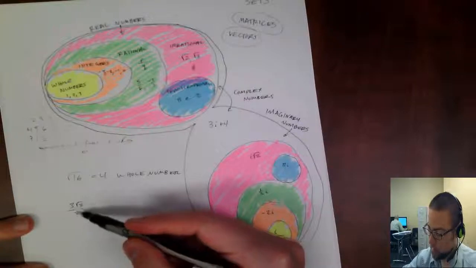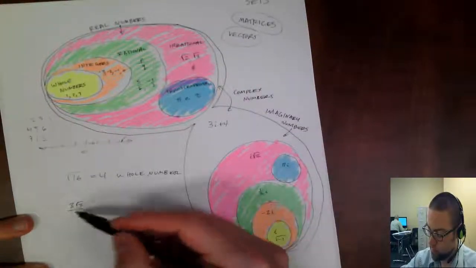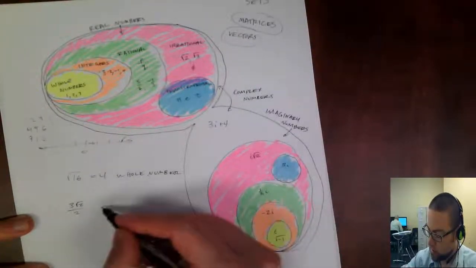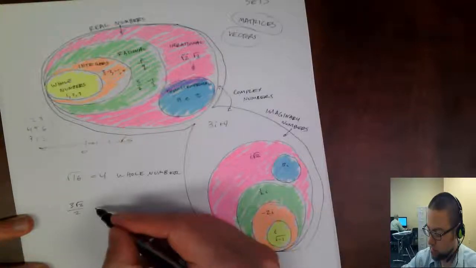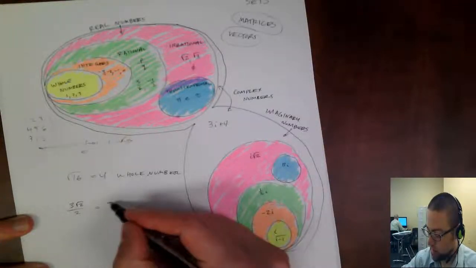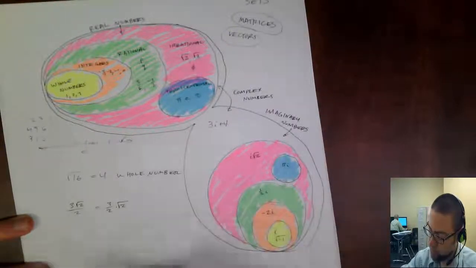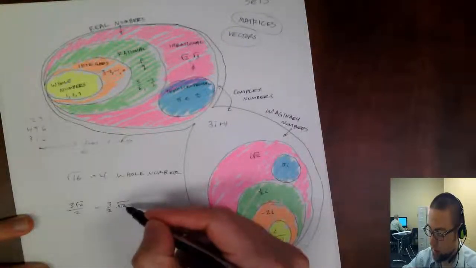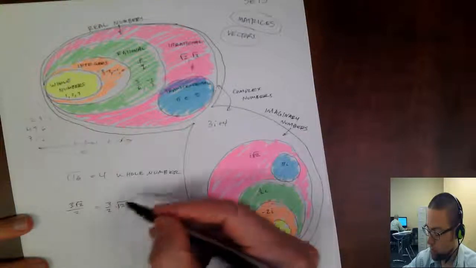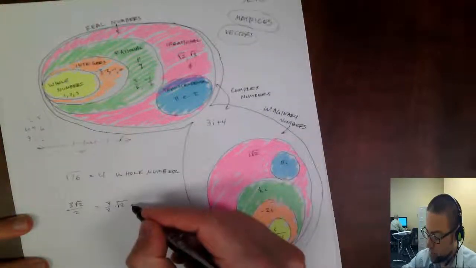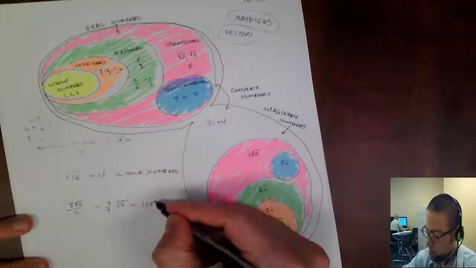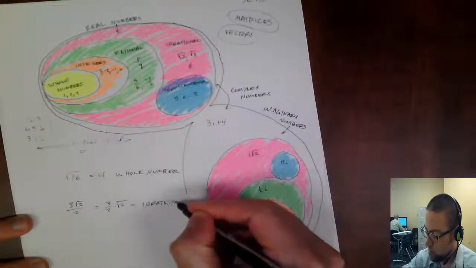Well, I actually cannot divide this 2, so this is as simple as it gets, and it's 3 times this. So I could write it like this, 3 halves times the square root of 2, so this is a rational number times an irrational number, and it's just an irrational number.